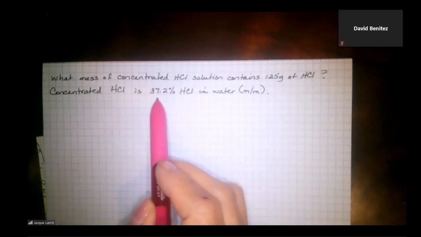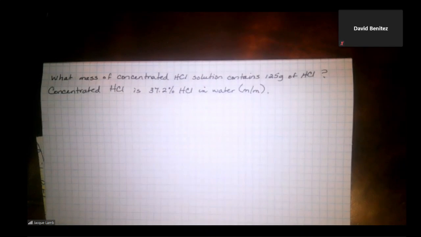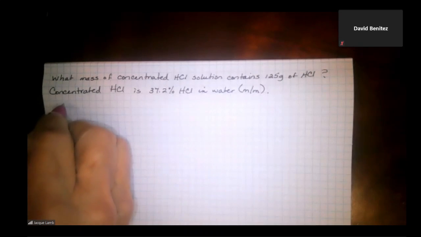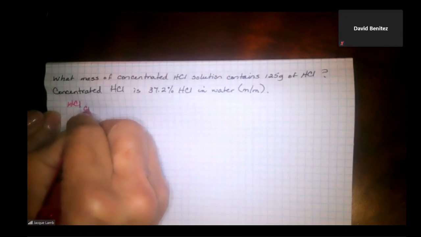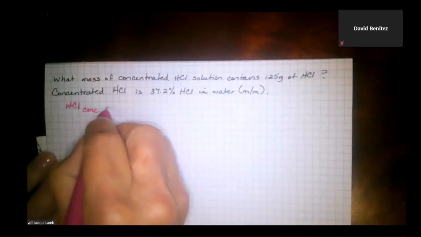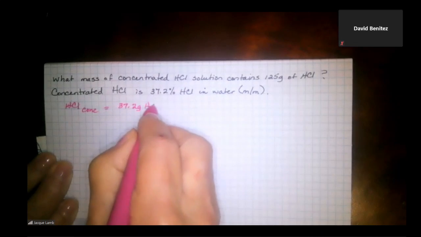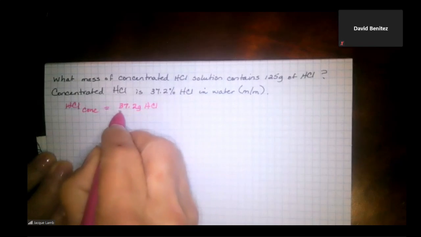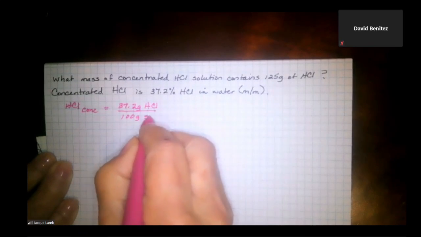Concentrated HCl is 37.2% HCl in water, and this is a mass percent. That means that concentrated HCl is equal to 37.2 grams of HCl in 100 grams of solution.